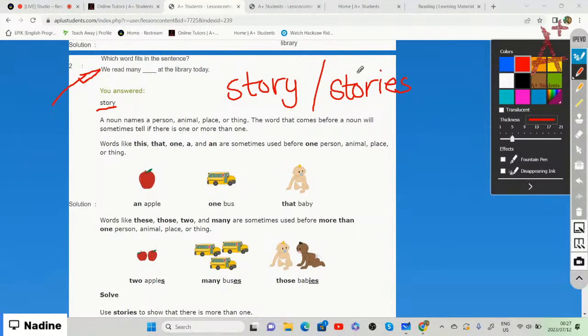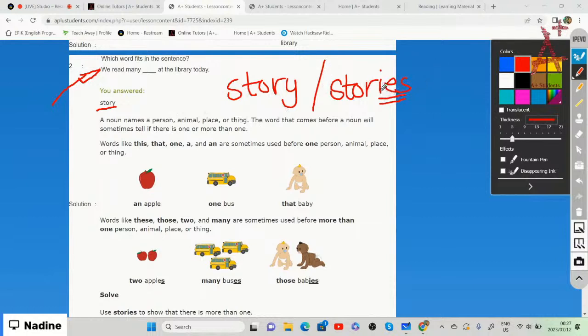And if you even look at this word story, the plural ends with an IES, right? Remember, in the lesson it says words that either end with S or ES. But in this case, the plural of story is stories with an IES.